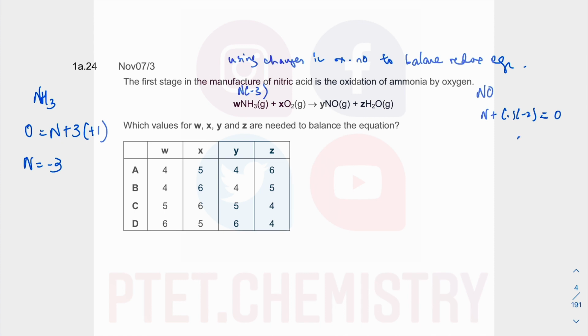The overall molecule has no charge, so that gives you nitrogen +2. The oxygen is 0, but the oxygen here is -2, and the oxygen here is -2. Thinking about the changes in oxidation number, 0 to -2 is a decrease of 2. From -3 to +2 is an increase of 5.